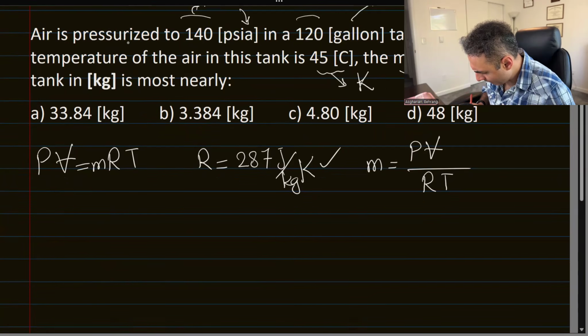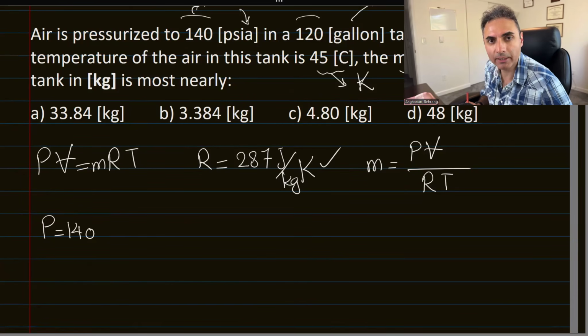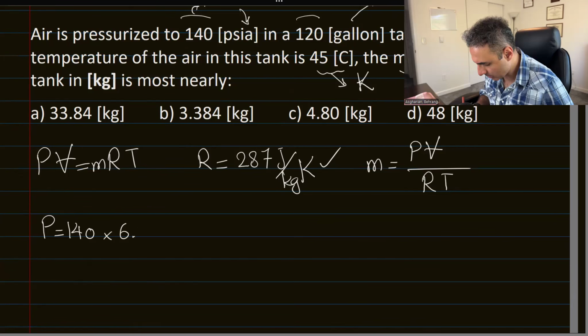So the equation, pressure is 140. 1 PSI is about 6.895 kPa, and 1 kPa is 1,000 pascals. Okay, so I got the pressure.